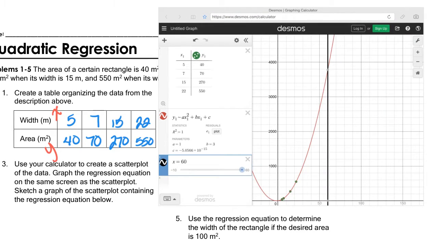So for example, this time, I didn't want to know width. I wanted to know if my area is a certain value, then how big is my width? So area here is represented by the letter y. Let's say I want to know when my area is 1200.